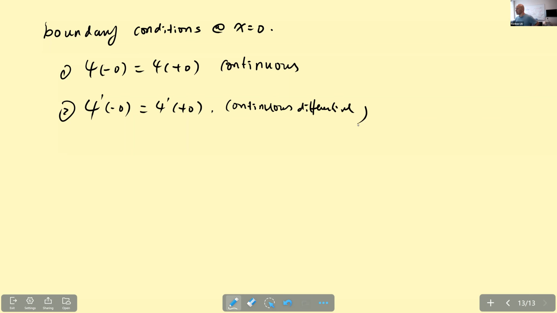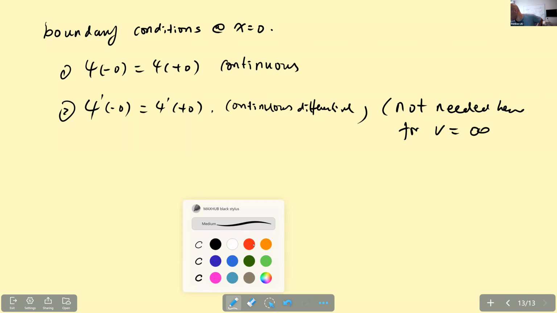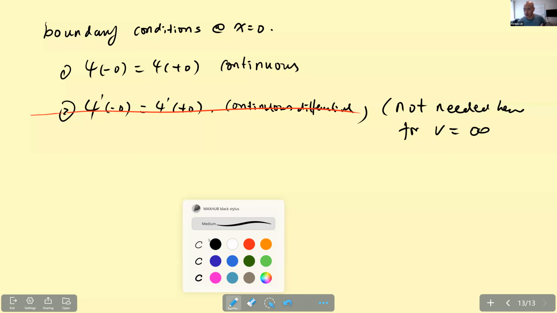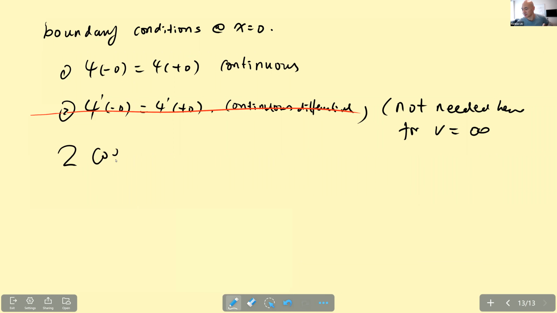But actually it's not needed here for V equal to infinite. So we do not need this one. So now we have two coefficients, A and B, and one equation at x equal to 0.